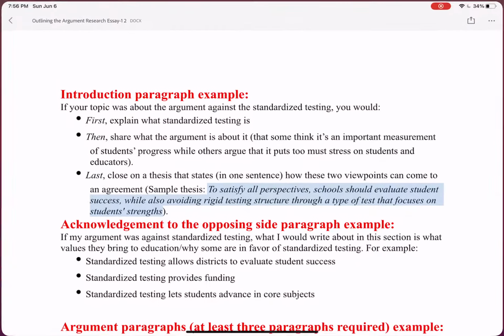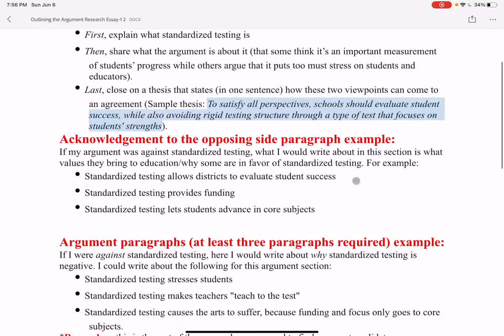So if we go to my acknowledgement, if I'm against standardized testing, I wouldn't write why standardized testing is negative here. I would write about the positives it brings. I don't agree to that, but I need to show that I'm a respectable communicator and that I could structure a formal argument. It's tough, especially if it's a topic that you're passionate about, when you write about something that you don't agree with, but it's fair.